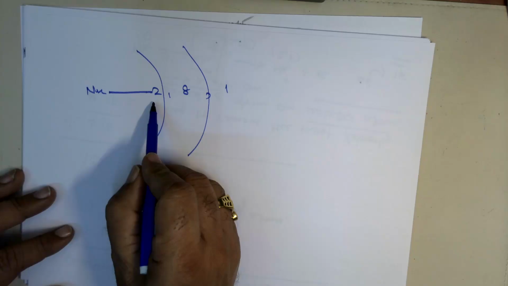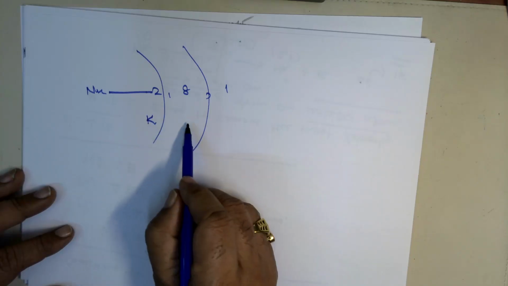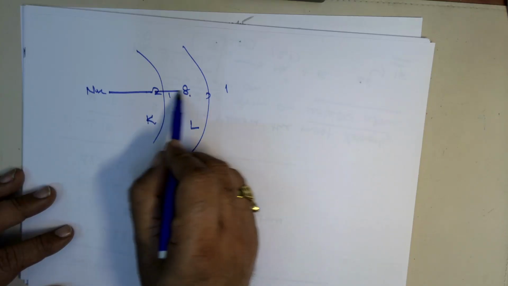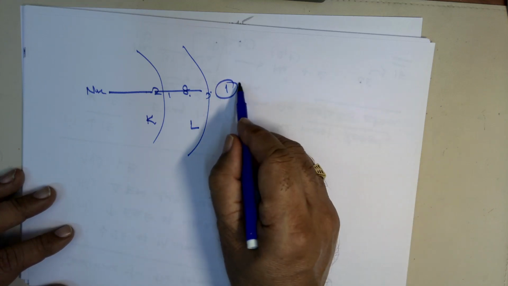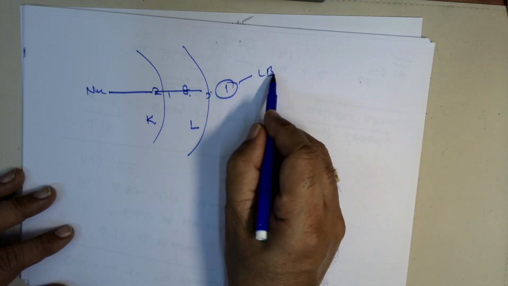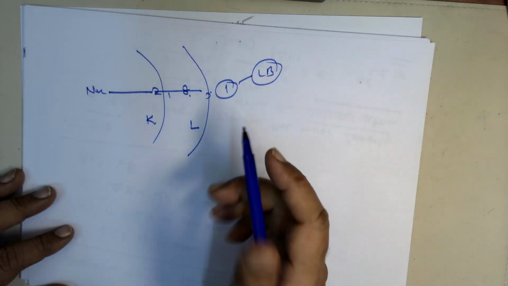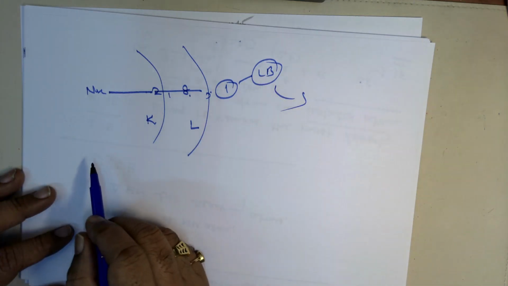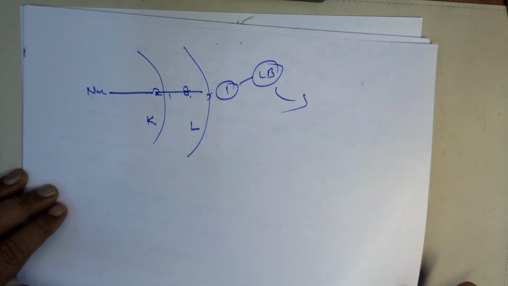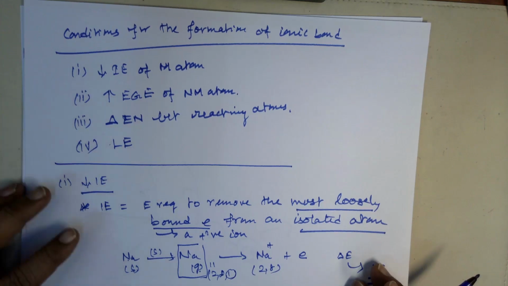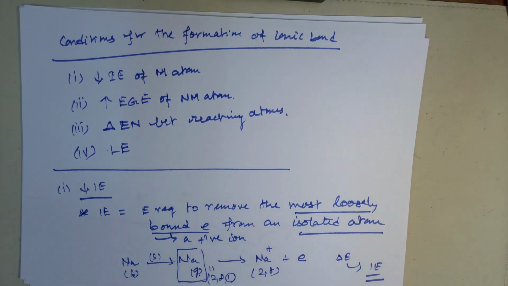The 2 electrons in the K shell and 8 electrons in the L shell are tightly bound. But the outer one is loosely bound, and the energy required to take away this loosely bound electron is called ionization energy. I hope you now understand this clearly.